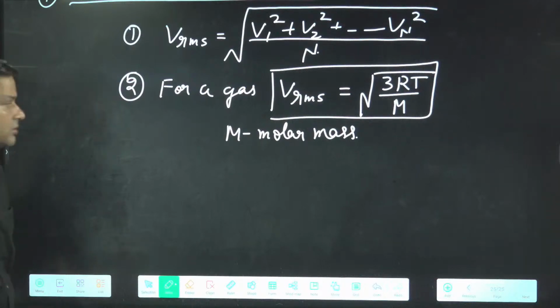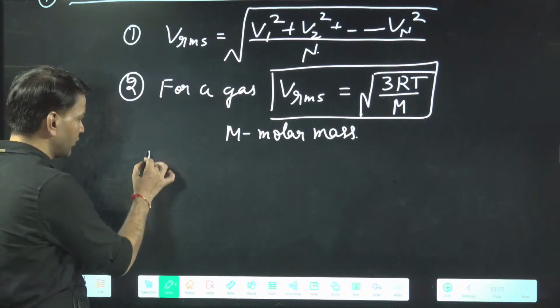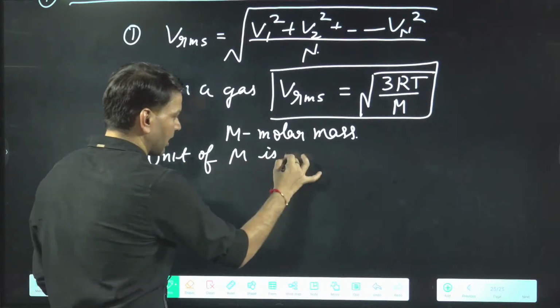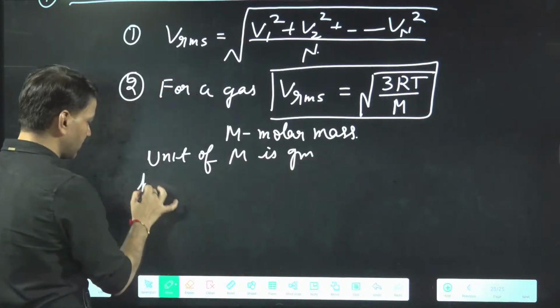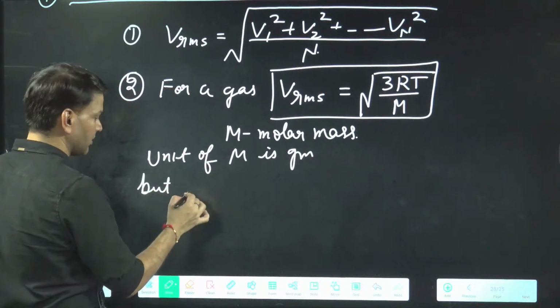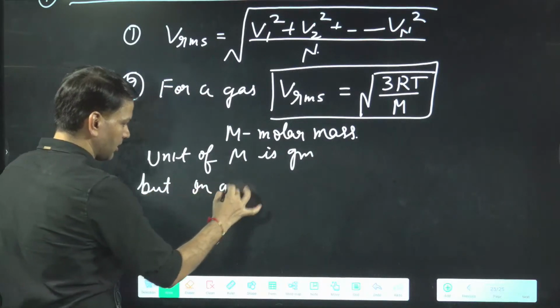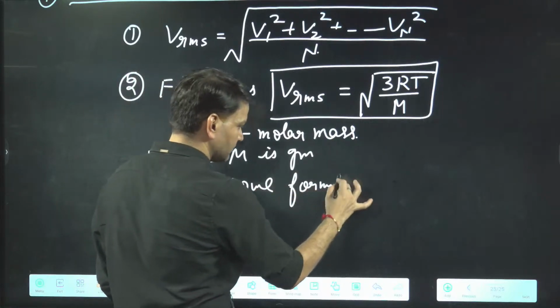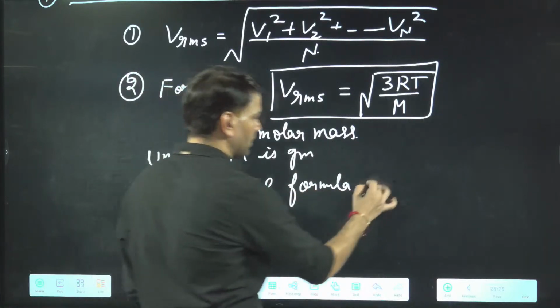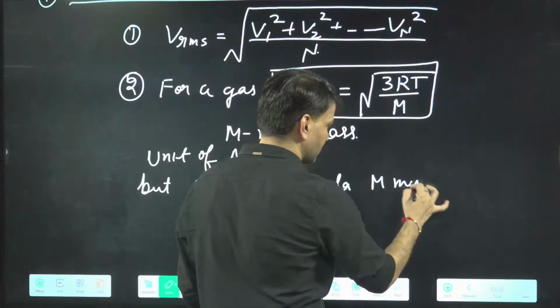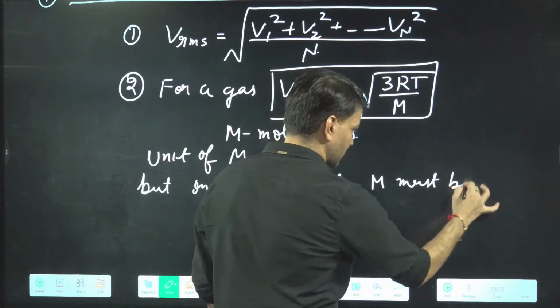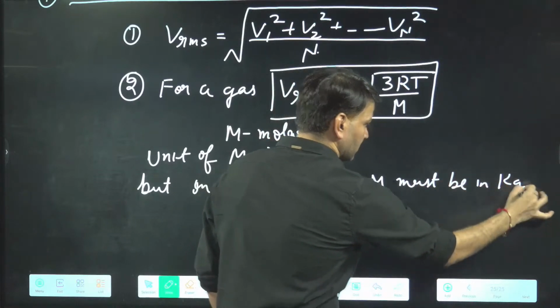So the unit of M is gram, but in the above formula M must be in kg.